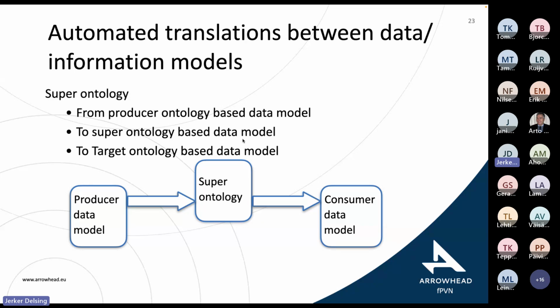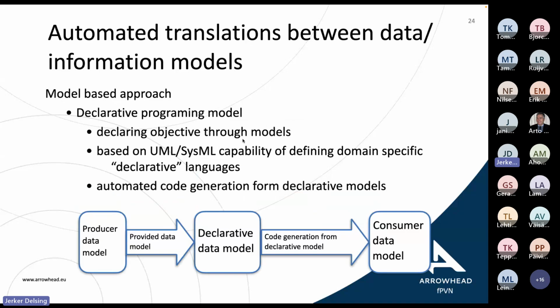And the third thing is about model-based, where we can use computer science approaches regarding what's called declarative technologies to declare the results out of what we are coding. This is very often used through modeling languages like UML, SysML, and other declarative languages. This enables us to automate code generation that will then provide new code to the consumer so that it can understand what the producer is providing.